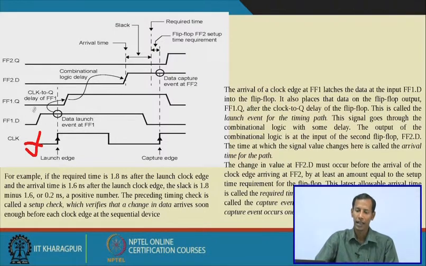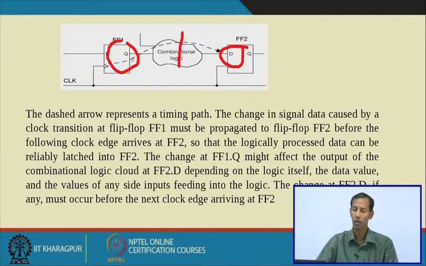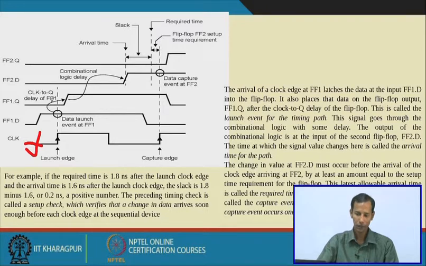Then what will be the output Q from flip-flop 1? This one is the D input to flip-flop 1, and Q will change only at the clock edge.